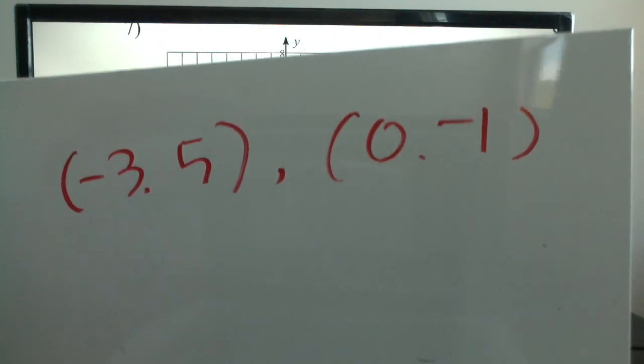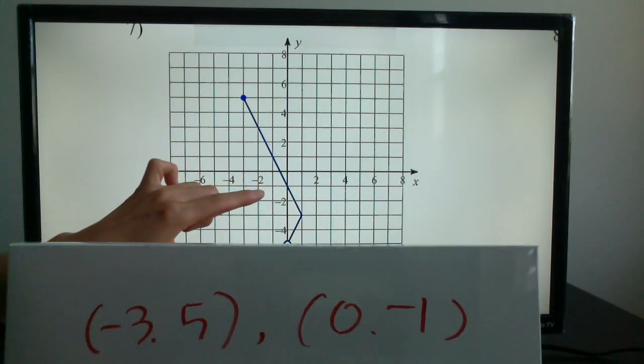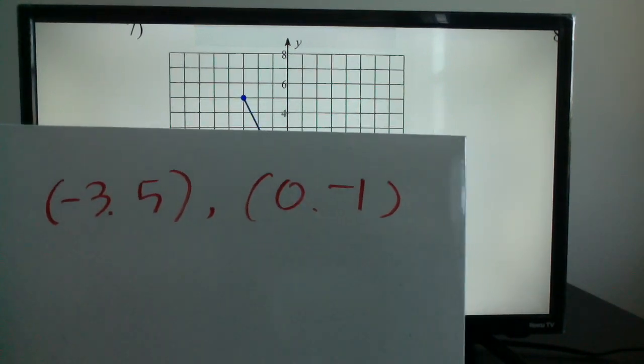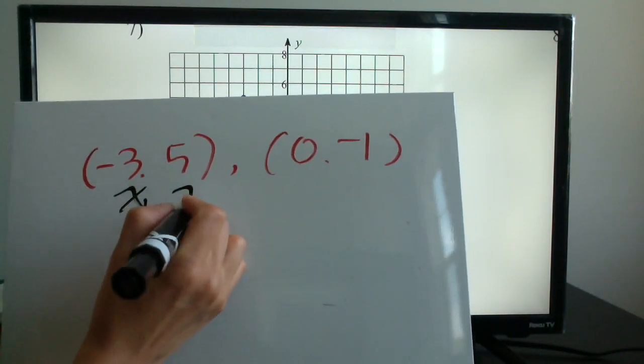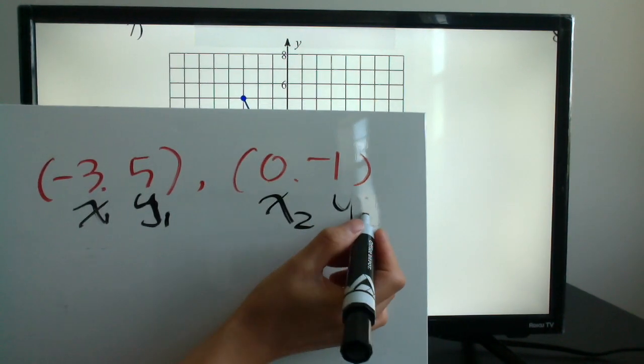Okay, (-3, 5) and (0, -1). So let's say this is x1, y1, x2, y2.